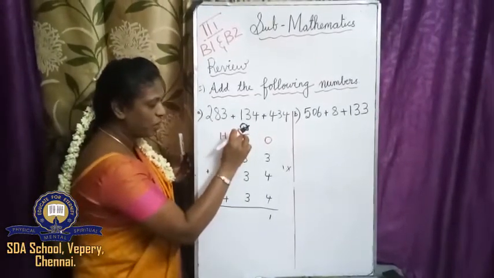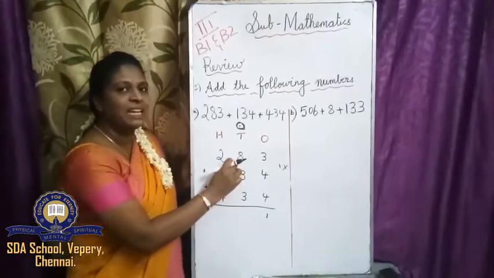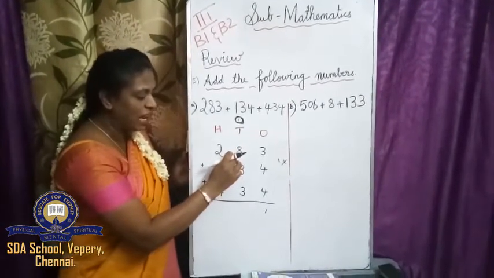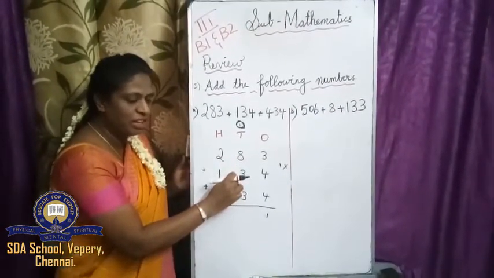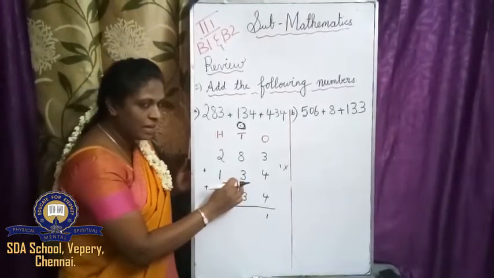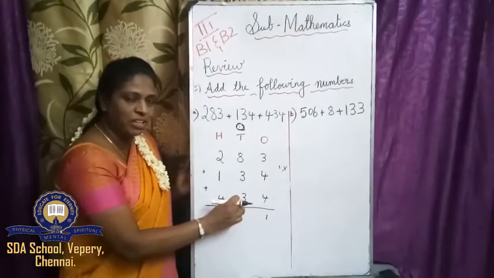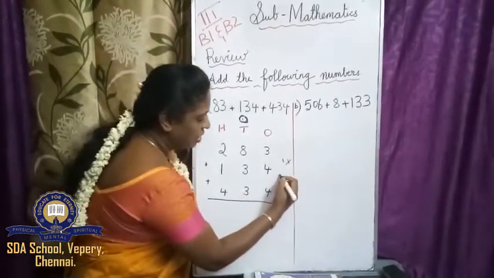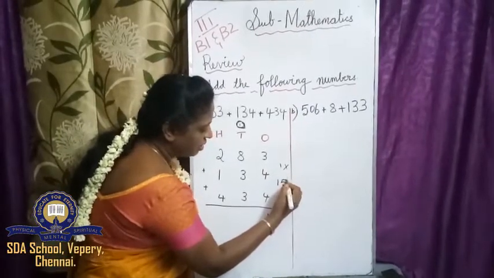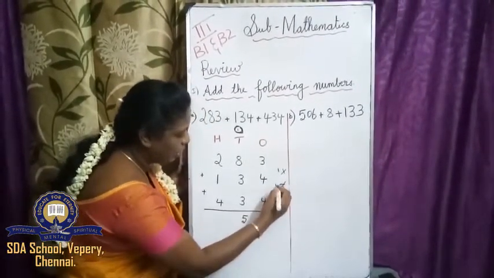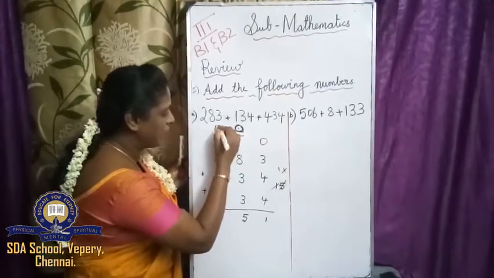Now start from here. 1 plus 8 is 9. So 9 in the mind and 3 in the finger. After 9: 10, 11, 12. So 12 in the mind and 3 in the finger. So 12 plus 3 you get 15. So write 5 in the tens place and carry 1 to the hundreds place.